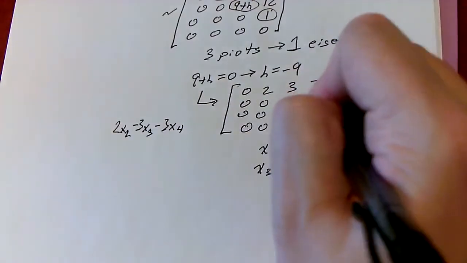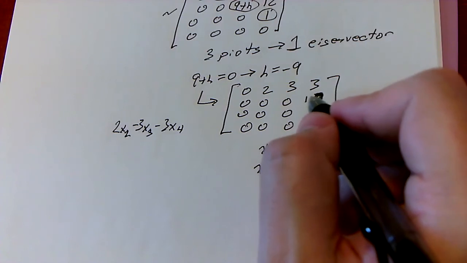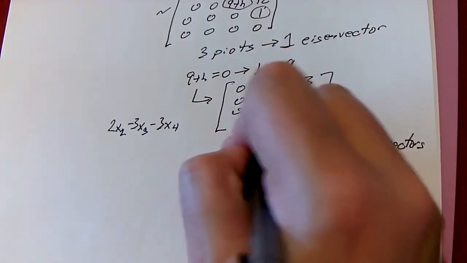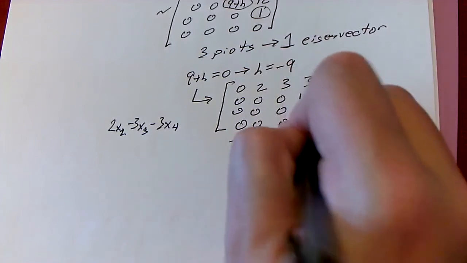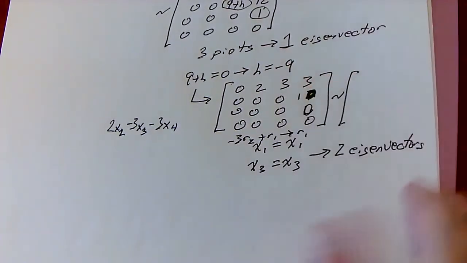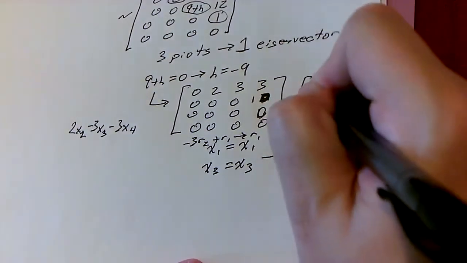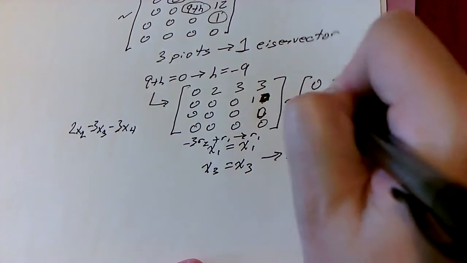Nope, I got in a hurry. Sorry about that. Remember, we can go above this. I need to go to reduced row echelon form. So I'm going to do minus 3 row 2 plus row 1 to replace row 1. So my reduced matrix is actually going to be 0, 2, 3, 0, 0, 0, 0, 1.